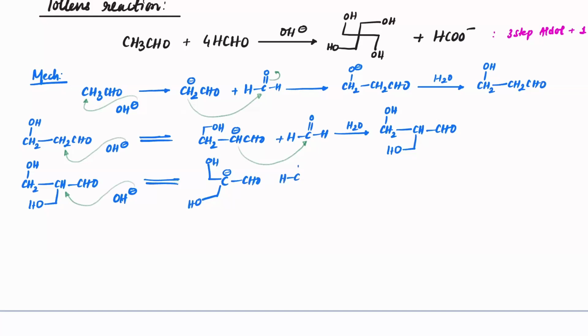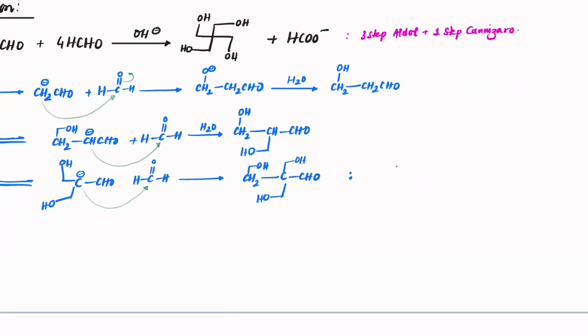This, when you react with H-C=O-H, again C minus will go connect here. That will give us CH2OH, CH2OH connected to a carbon, which also has CH2OH and CHO. Okay. So basically, it looks like this.